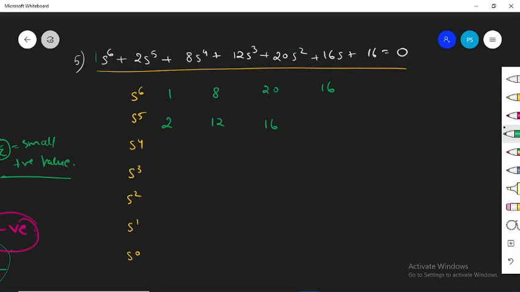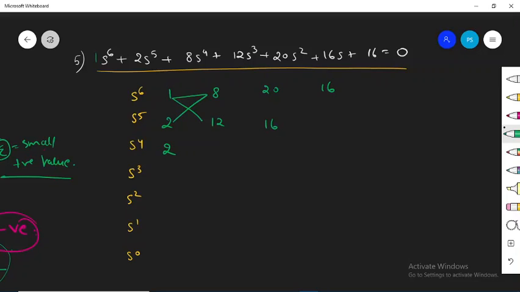Now if you want to find the elements in the next row, it's going to be 2 into 8, that's 16, minus 12, divided by 2. So it's 4 divided by 2, which is equal to 2. The first term is going to be 2.